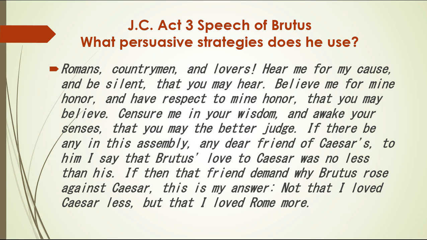"Believe me for mine honor and respect me for mine honor." This is to establish credibility with his audience, so it's definitely an appeal to ethos. "Not that I loved Caesar less, but that I loved Rome more." This is arousing emotions and feelings in his audience, and anything related to emotions appeals to pathos.